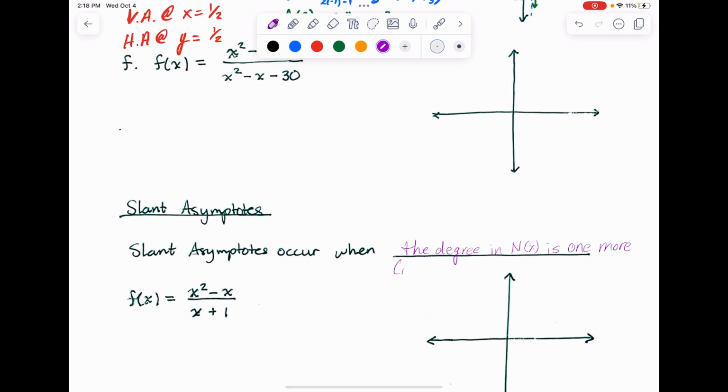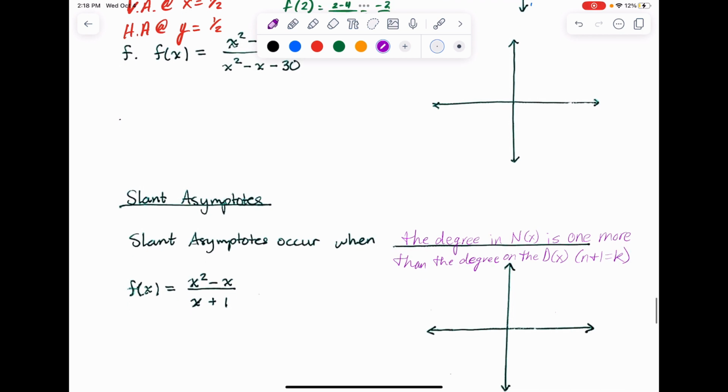In other words, the degree of n is 1 more than the degree of the denominator, your d of x. In other words, if the numerator's degree, n, is 1 more than the one in the bottom, your k, that's when we know that we have a slant asymptote.